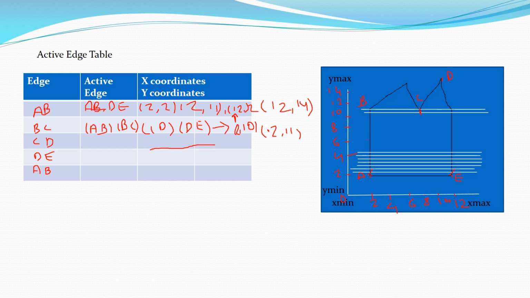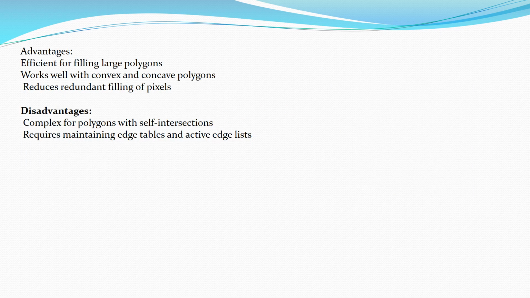So what is the advantage of this? It is efficient for filling a large polygon. Why do we say that? Once we get the intersection points, we fill the whole line of pixels at once, which gives efficient filling.